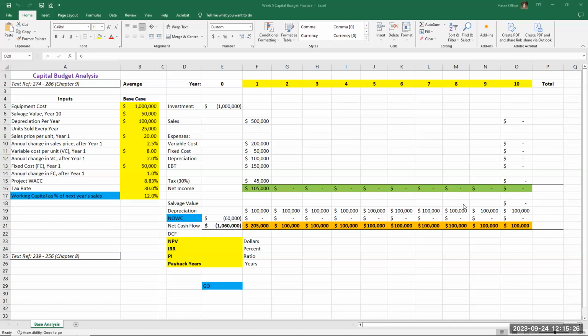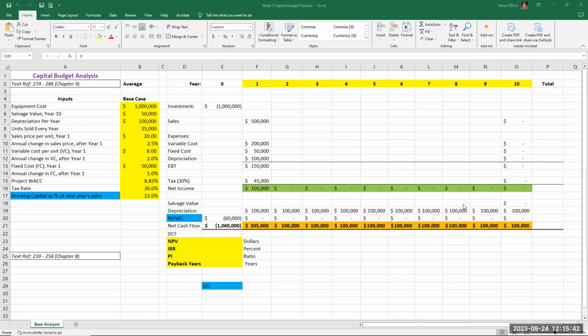Now the main difference between this practice and assignment 4 is this is a 10-year depreciable life project. Assignment 4 is a 5-year depreciable life project.